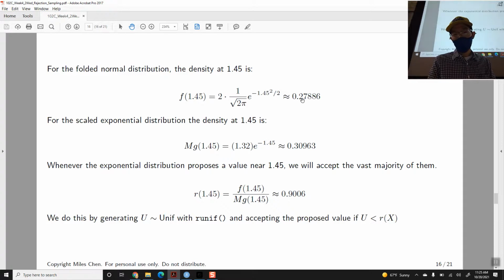The PDF of the folded normal is 0.2788. So this is the density of the folded normal distribution. If you look at the PDF of the exponential multiplied by that constant, 1.32, you get a value of 0.30963.